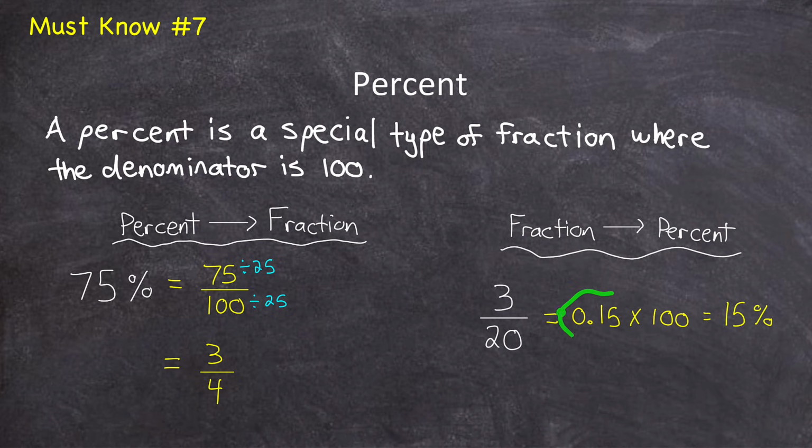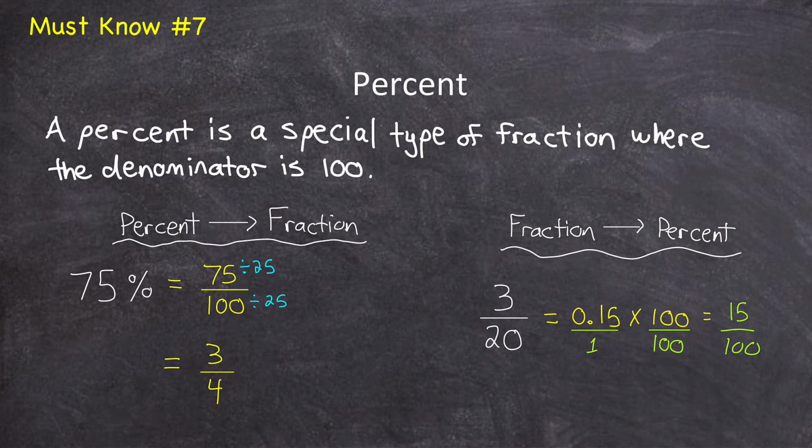Now this middle line is a little bit misleading. What's actually happening here is that 0.15, if we think of it as a fraction, is 0.15 over 1. And to be a percent, we want the fraction to be over 100. So we would need to multiply the top and bottom of this fraction by 100. So really we're multiplying it by 100 over 100, which makes it equal to 15 over 100.